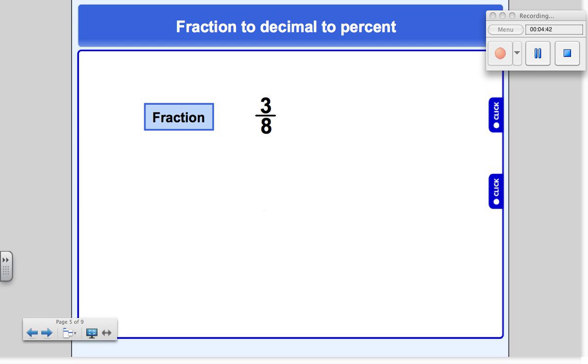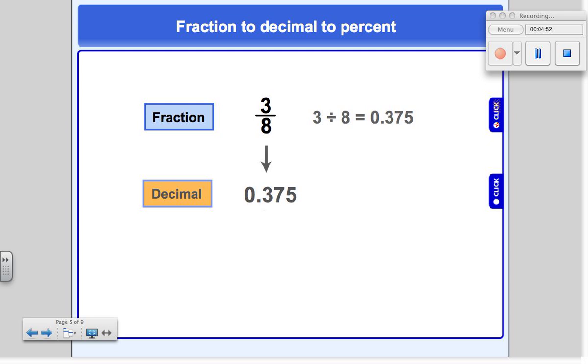Now, sometimes I'm going to give you a fraction, I'm going to say, okay, I want you to change this to a decimal, okay, and then to a percent. So to take this 3/8 and change it into a decimal, because we want to do that first to get it into a percentage, because working with tens and thousands and hundreds are a lot easier to do when you have a decimal.